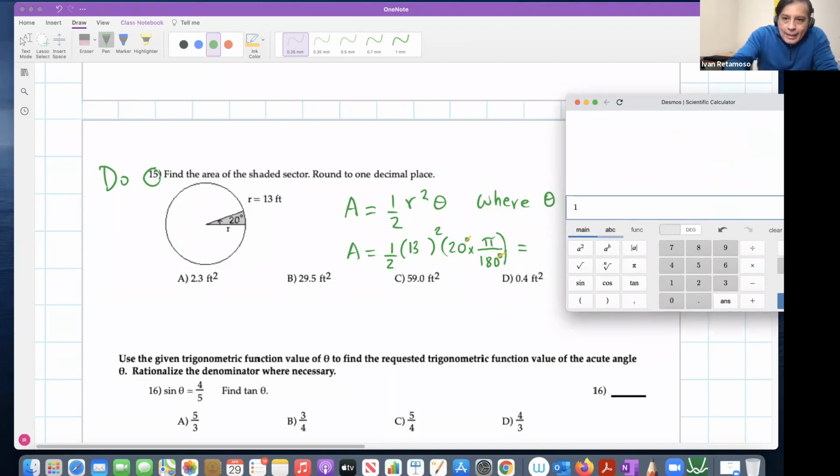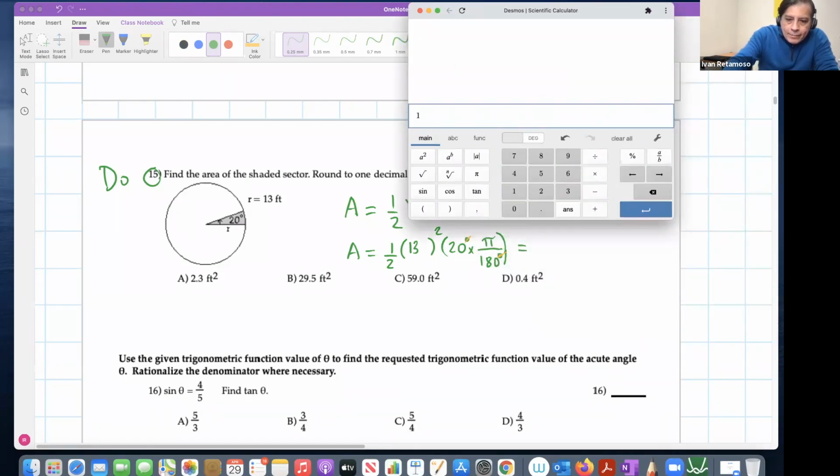So now this will be equal to what? This has to be done in the calculator, guys. No mental mathematics is going to take you to the answer because there's a pi here, an irrational number. So you do 1/2 times 13 squared times parentheses, notice how I use parentheses to make sure I'm doing the right thing, times pi, or you can type pi, divided by 180 and then close parentheses.